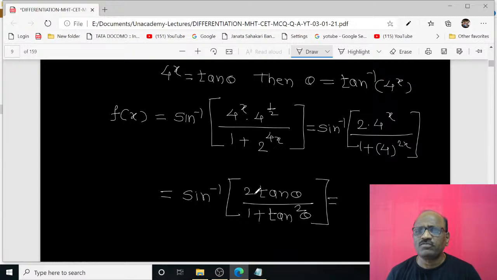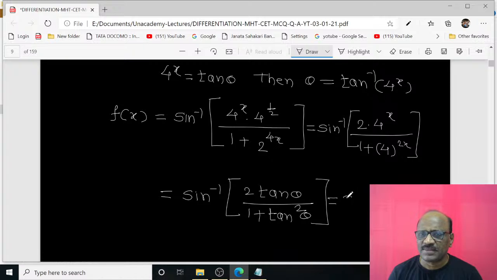But what is the value of 2 times tan theta upon 1 plus tan square theta? Tan theta means sin theta upon cos theta, and 1 plus tan square theta is sec square theta. It will go to the numerator and get cancelled, and overall you will get 2 sin theta into cos theta, which is nothing but the sine of 2 times theta. And this is the direct formula: 2 times tan theta upon 1 plus tan square theta is sine of 2 times theta.